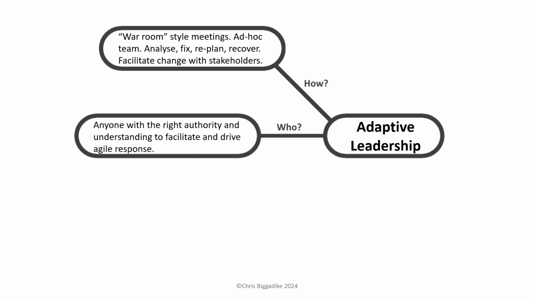Normally, adaptive leadership is done in war room style meetings. Ad hoc teams gather together to analyse, fix, replan and recover the position. There may be stakeholders, and the agile adaptive leader talks to those stakeholders and gets their buy-in for the changes that are going on.